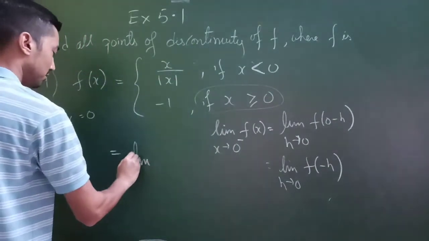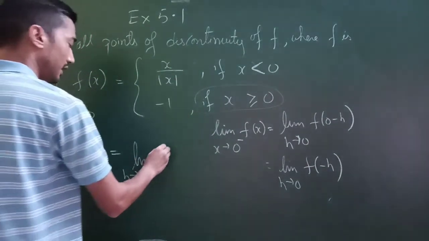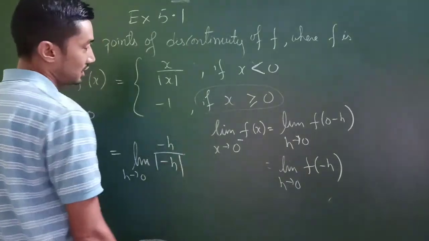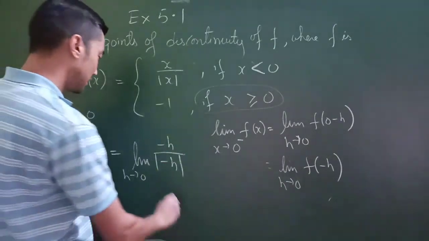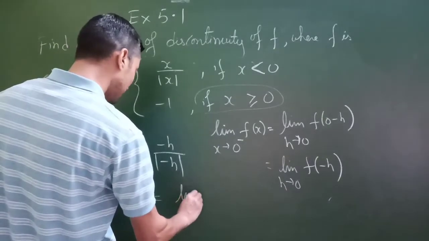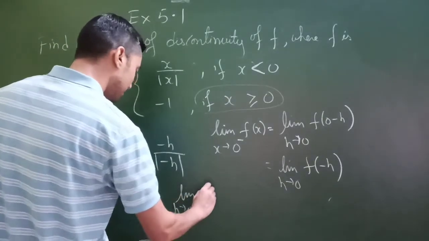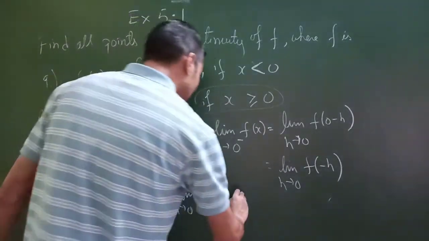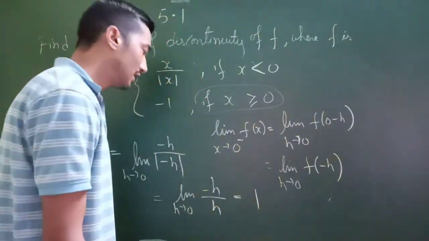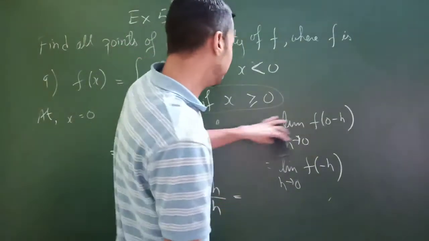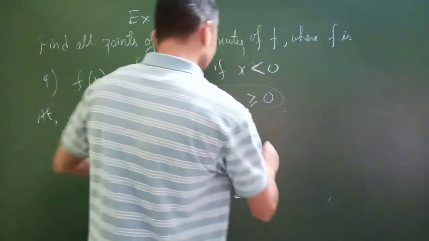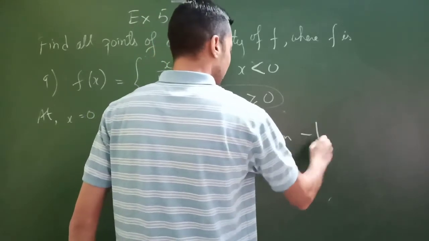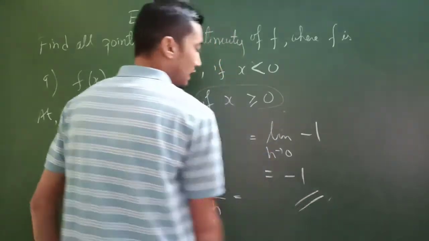So that is the limit as h tends to 0 of minus h by mod of minus h, which is minus h by h, because mod of minus h is h. So this value is the limit as h tends to 0 of minus 1, which is of course minus 1.